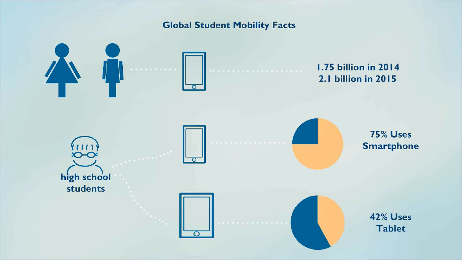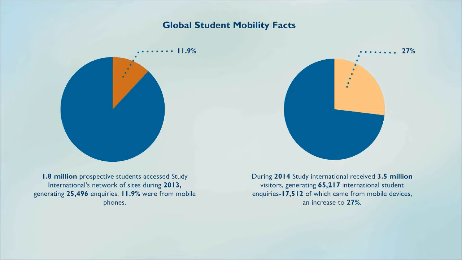There are 1.75 billion in 2014 and 2.1 billion in 2015 people using mobile phones. And among high school students, 75% use smartphones at school or at home, and 42% use tablets at their home.